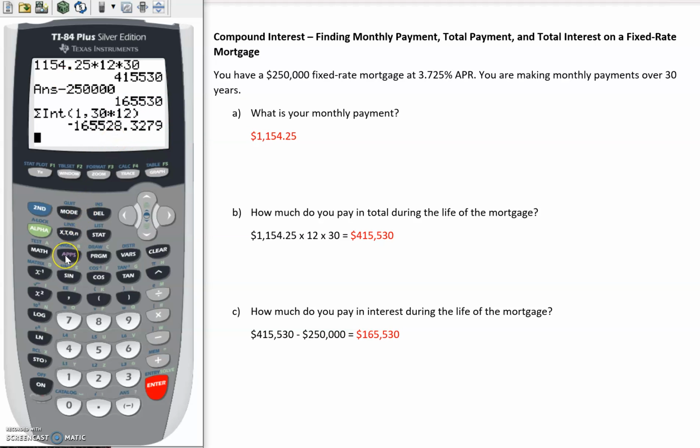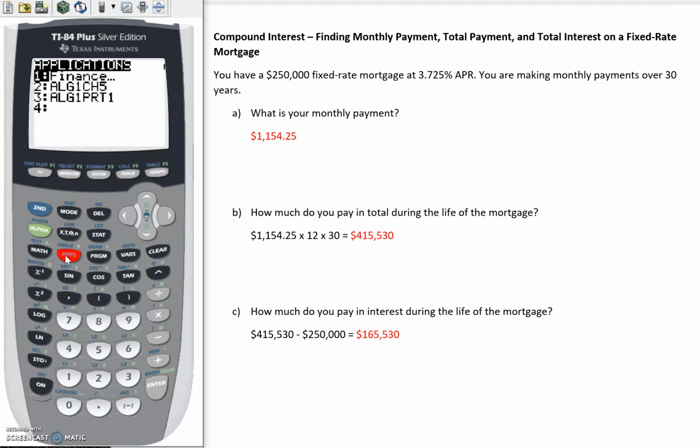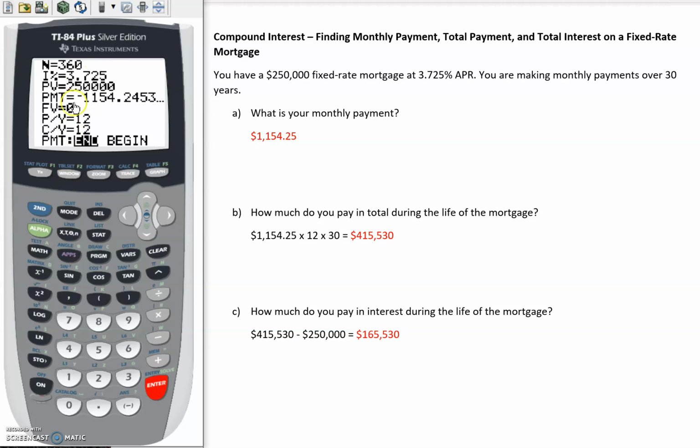That's because if we go back into the TVM solver, so apps, hit enter for finance, enter for solver, when we looked at our monthly payment, we said, okay, we're going to round this number here, 1154.25. So we had to make a choice here to round because I can't pay a fraction of a cent each month.